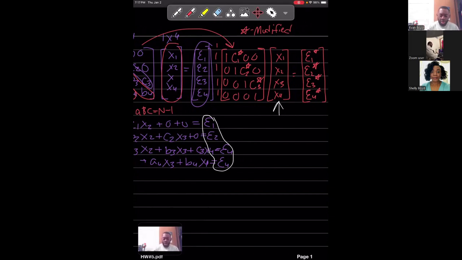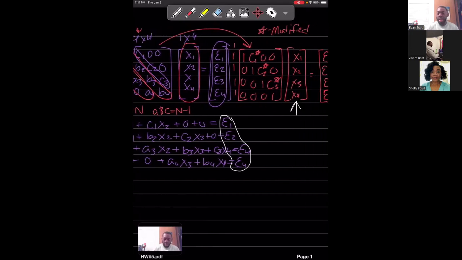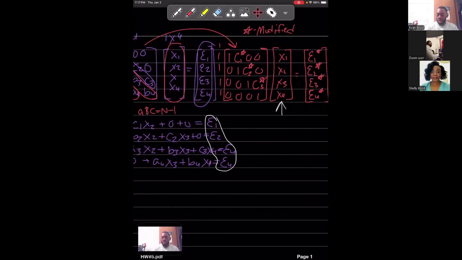So our B's here, the longest diagonal, went to 1, like you see here, and our C's will go to 0. They'll be modified based off of that. By having our C modified, our epsilon values will also be modified.